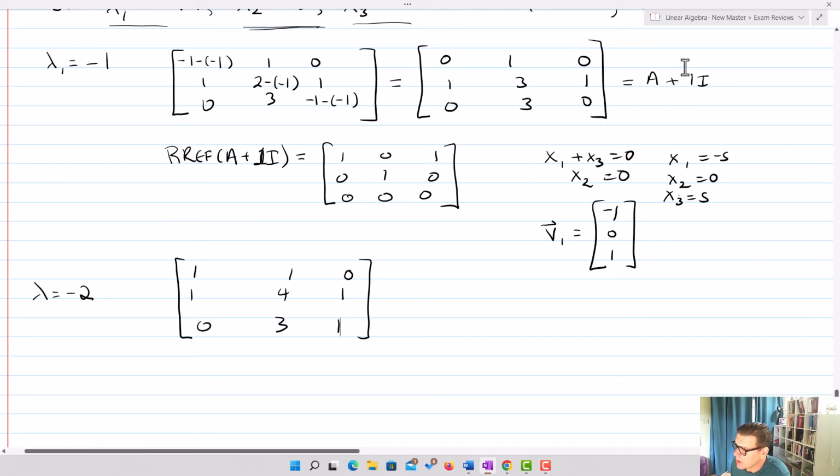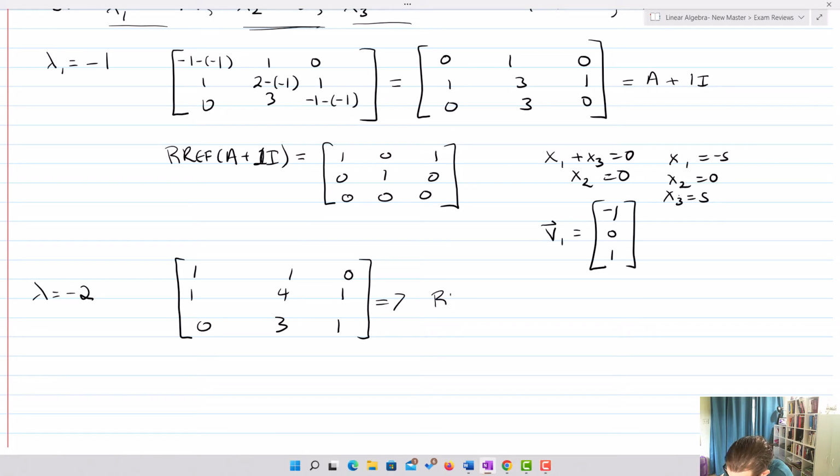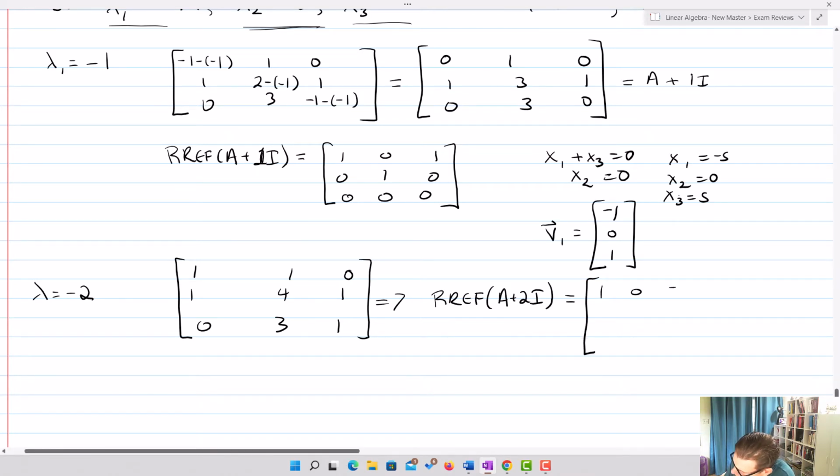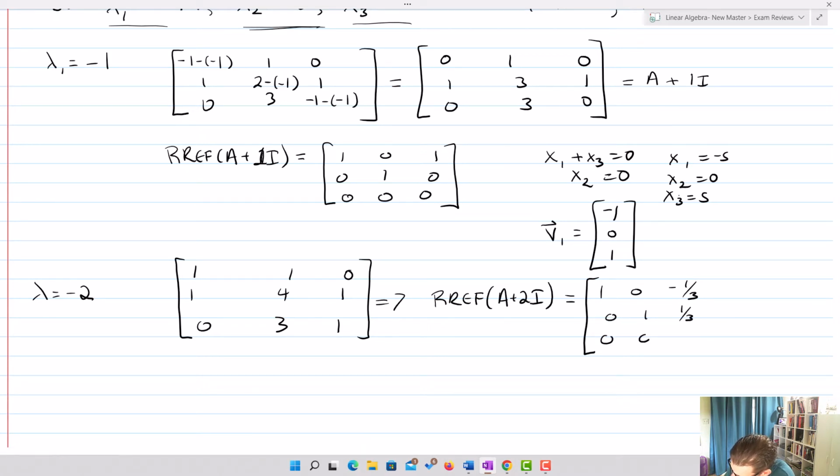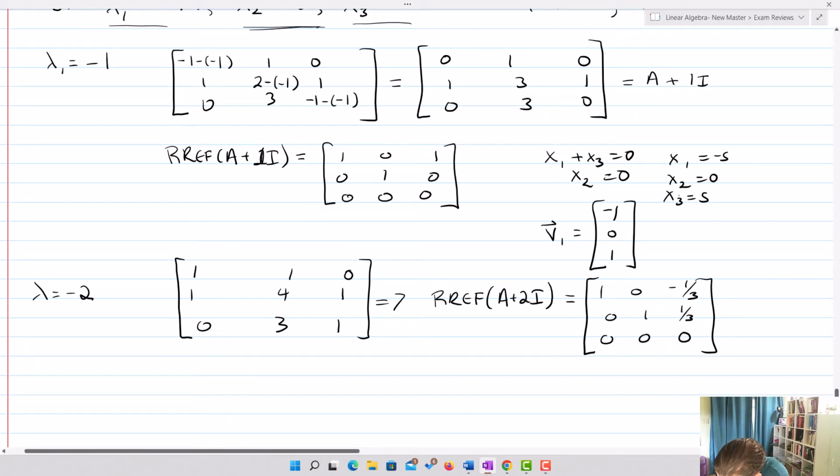I'll row reduce that. The RREF here, of A plus 2I, ends up equaling 1, 0, negative 1/3, 0, 1, 1/3, 0, 0, 0. If I rewrite this as my null space, I get x1 minus 1/3 x3 equals 0.